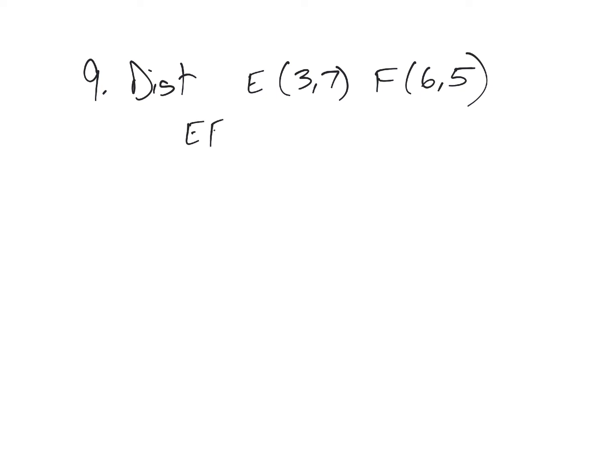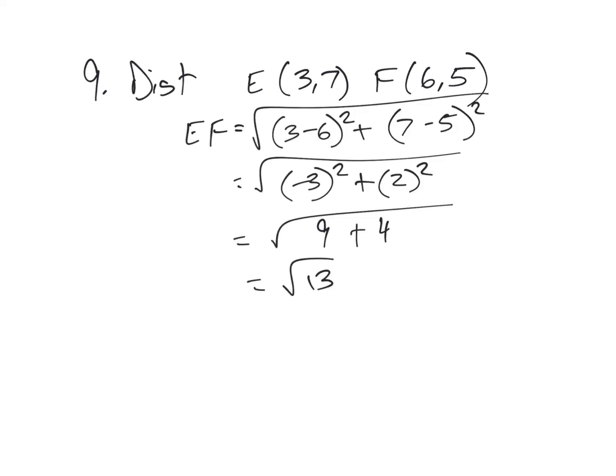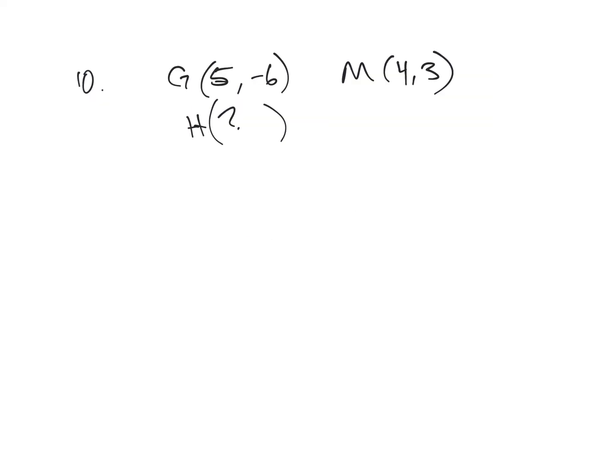So, what is EF? 7 minus 5, obviously 7 minus 5 is 2. Not 12. What was H? Positive 5, -6. Midpoint's at (4, 3).